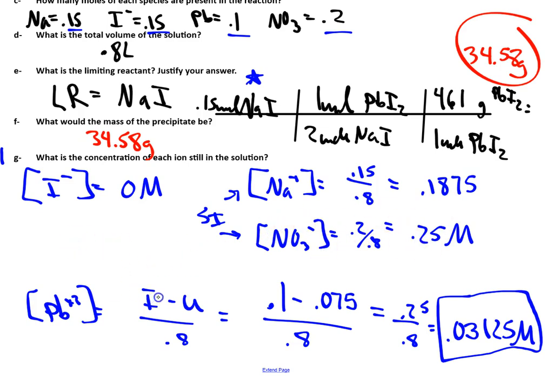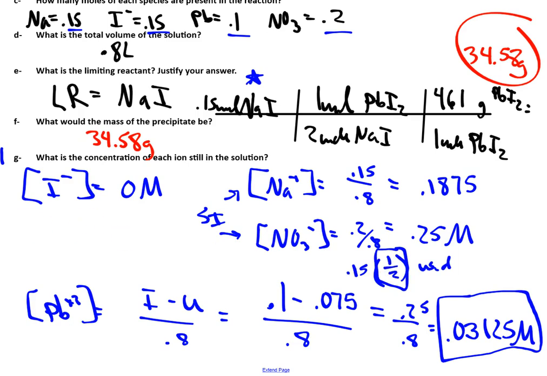The Pb is initial minus used over 0.8. You take 0.1 and subtract 0.075. 0.075 came because you had 0.15 and then you had 1 and 2, so you divide it in half. That's the amount used. Okay, those come from the coefficients up above.